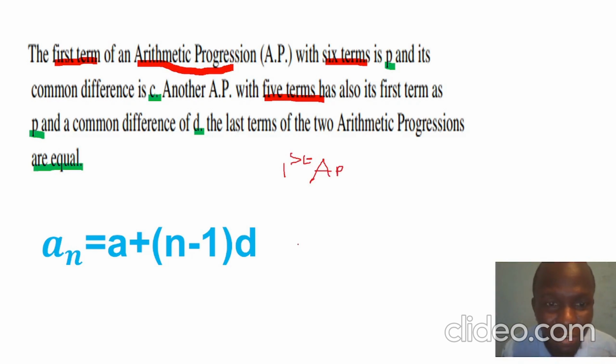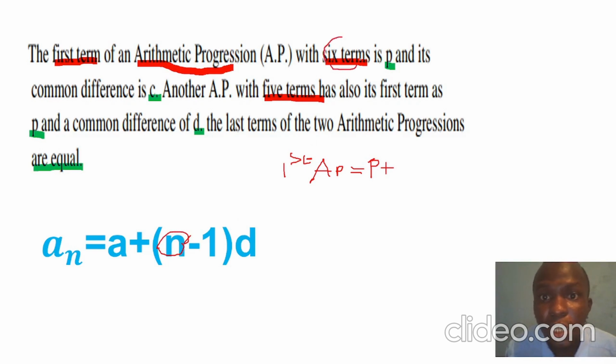If you want to look at the first AP, we are going to say that the nth term will be equal to the first term P plus the nth term. This n here, we substitute with the 6 because the first term is 6.